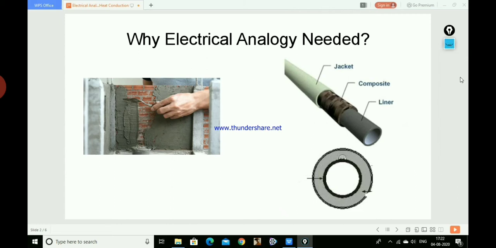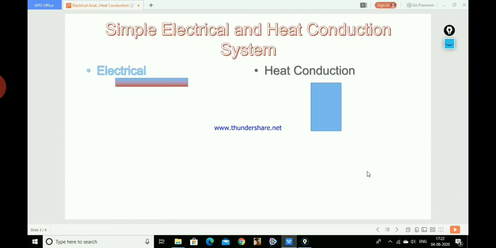Okay. Next. So how is the electrical analogy used? Basically, first we will see the electrical system. Here, this is our conductor.